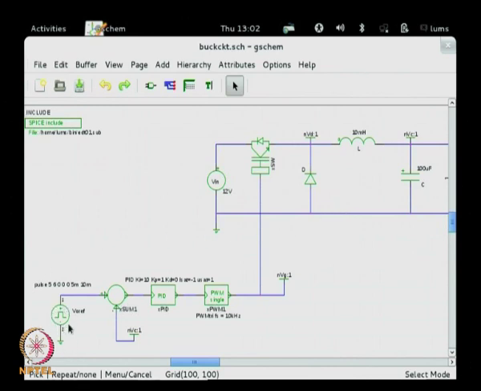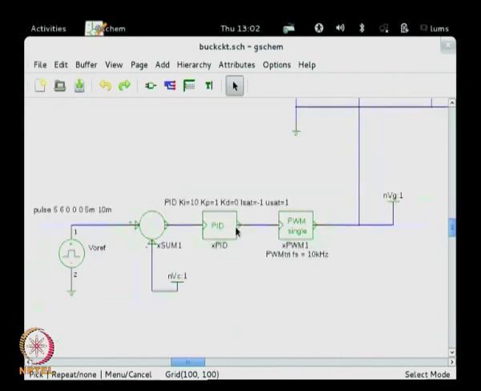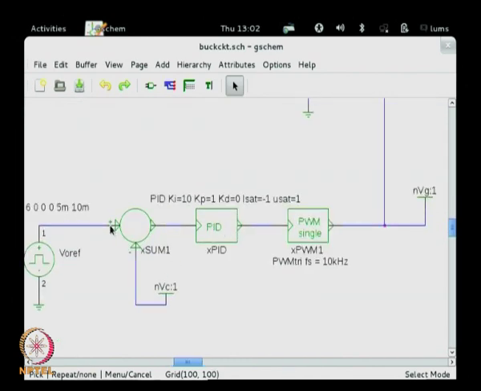I am giving a pulse reference, like I just discussed. This is the reference V naught. Let me zoom into this point. Plus minus, I am feeding back the voltage across the capacitor at this labeled point. Output of the controller goes to the PID. I have set D 0, I am not using it right now.